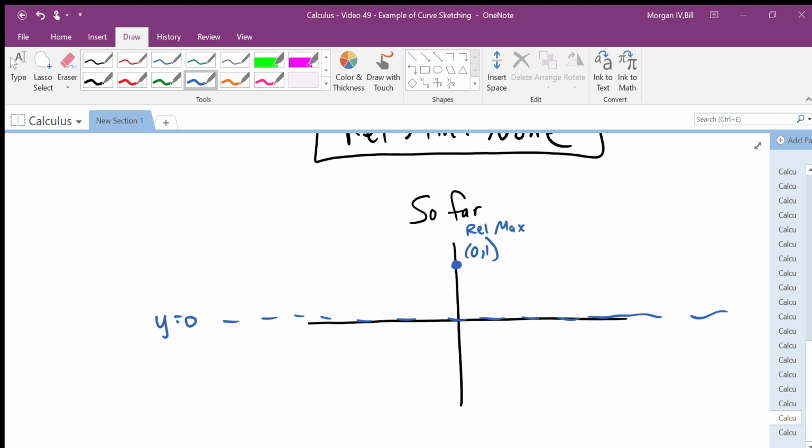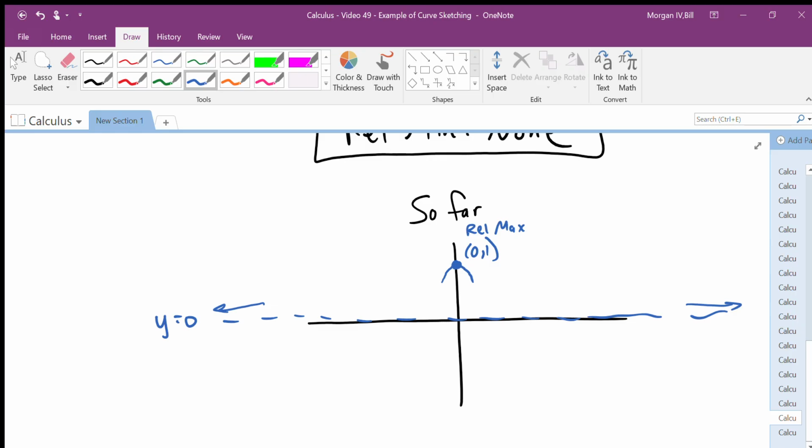Well, I don't know exactly, but I'm pretty sure you're going to have something kind of like that there, because that is a relative max. And I'm pretty sure we're going to just kind of go out towards this horizontal asymptote, because that's what curves do. They get closer to those horizontal asymptotes as x goes to infinity or negative infinity. We just need to decide what happens in the middle here.